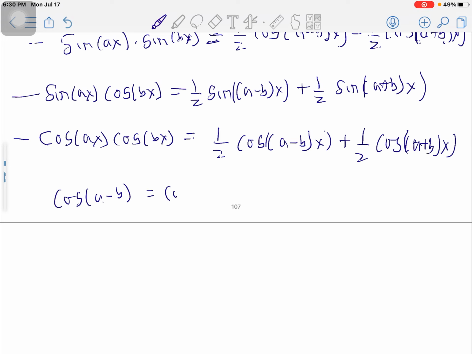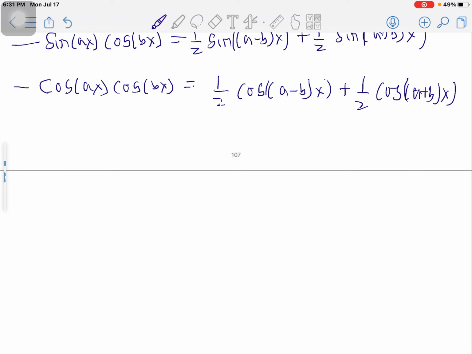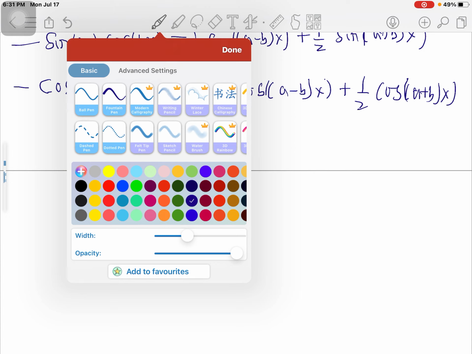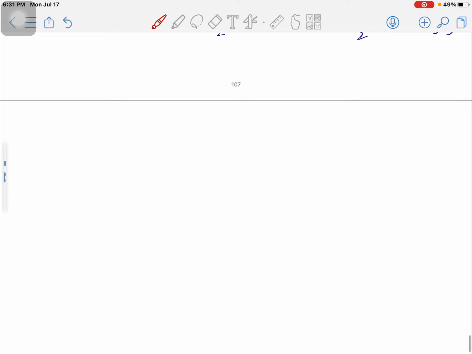It's more or less representing cos of a minus b. You can also write it as cos of ax minus bx. Nothing will change from there. So any of them that you are comfortable with, you are good to go. So now let's consider these identities that I showed you previously.